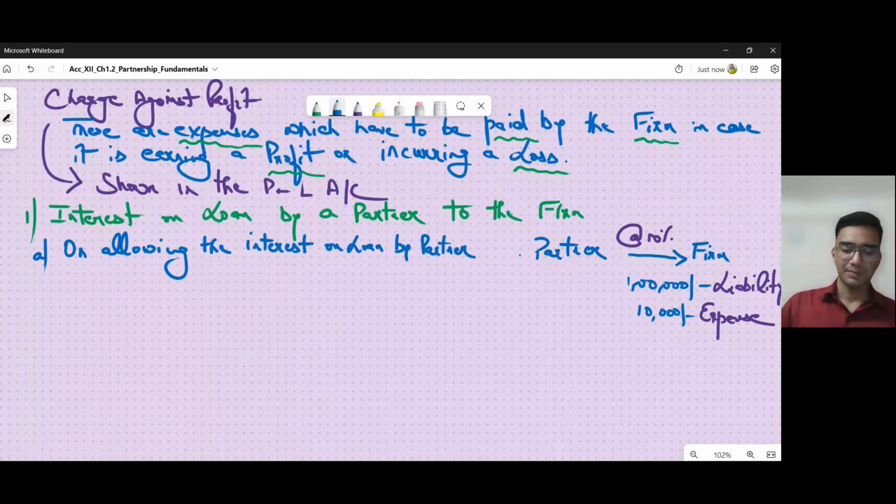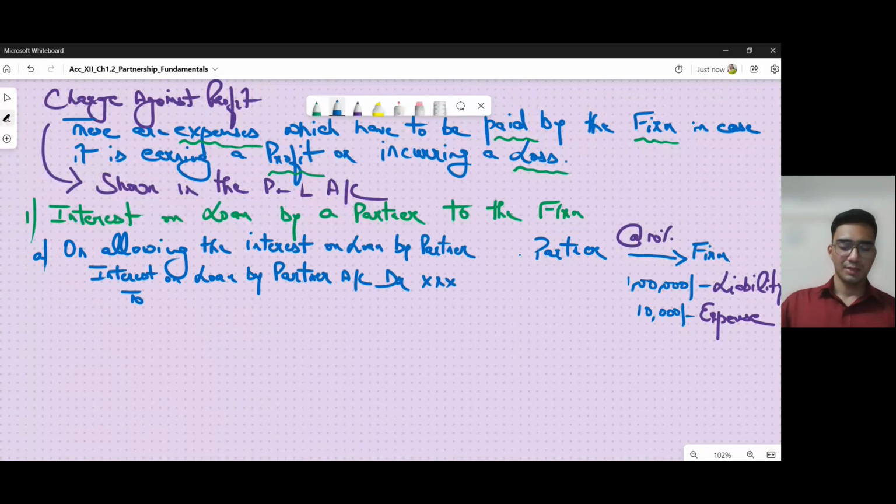The journal entry is interest on loan by the partner account debit, whatever may be the amount.